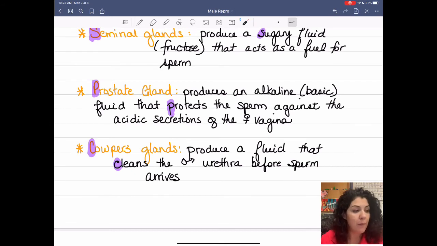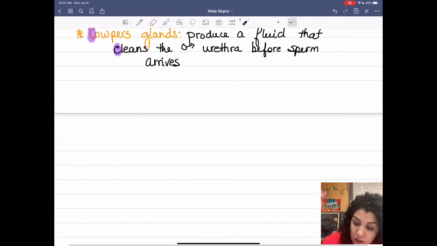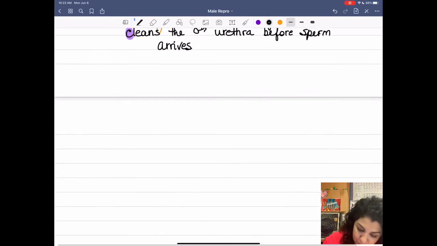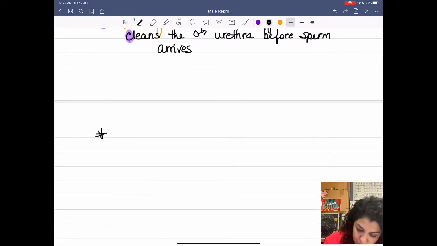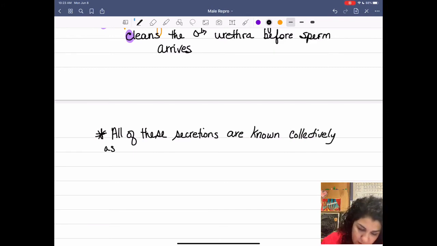And then once we are done picking up all of these secretions, which collectively, go back to here, all of these secretions are known collectively as seminal fluids.